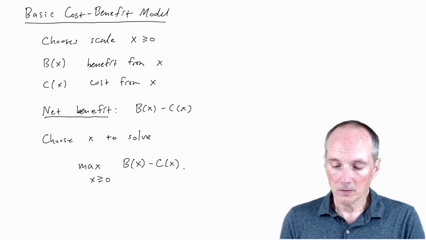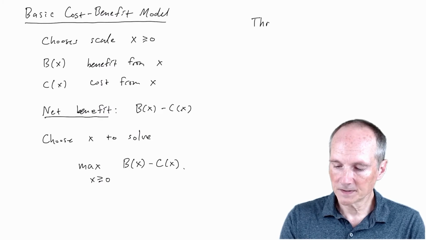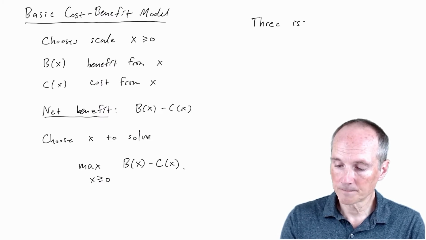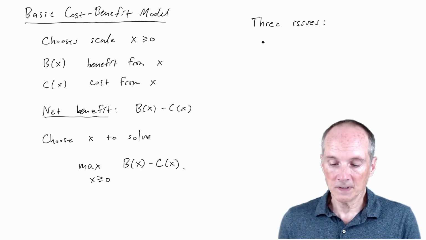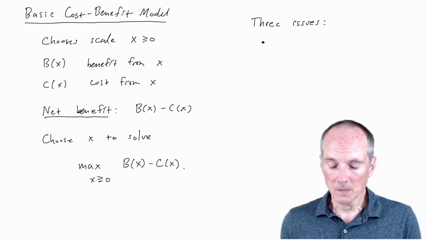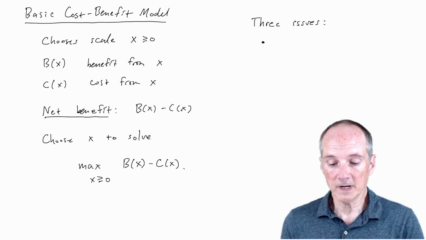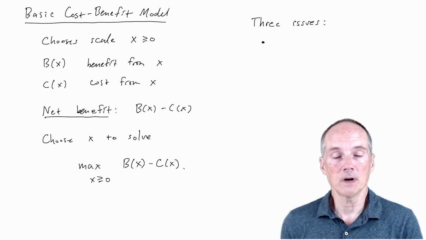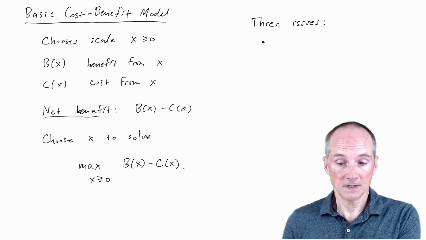Okay, so I want to talk about several different issues. Let's boil it down to three. The first is, if you're using this model, you can use it in different ways. One way is a normative way, where you want to recommend a scale of this project to a decision maker.